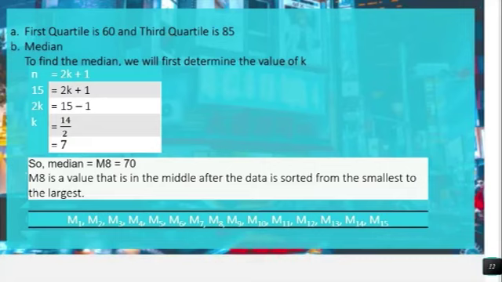n equals 2k plus 1. 15 equals 2k plus 1. 2k equals 15 minus 1. And k equals 14 divided by 2 equals 7.